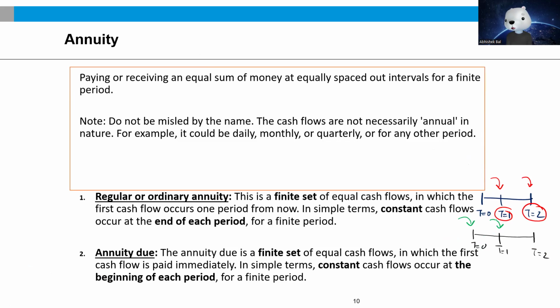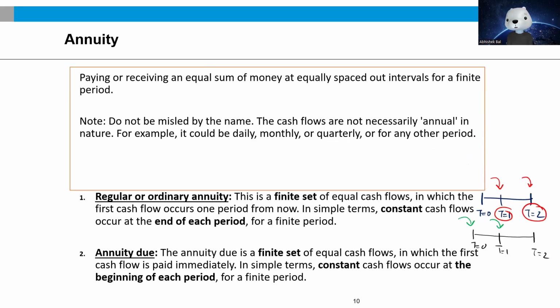So what's the logic? The logic is the same cash flows we are talking about, whether cash inflows or outflows does not matter, but the periodicity only differs in its terminology. Regular, ordinary annuity, or annuity in particular, would mean cash flow happening at the end of the period. Whereas specifically when we talk about annuity due, that means the cash flows are happening at the beginning of the period.